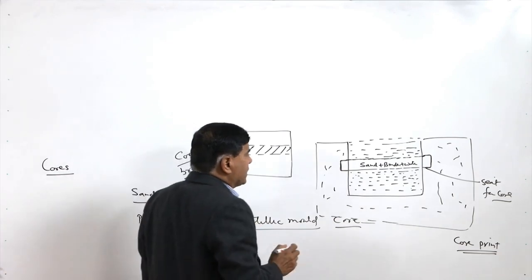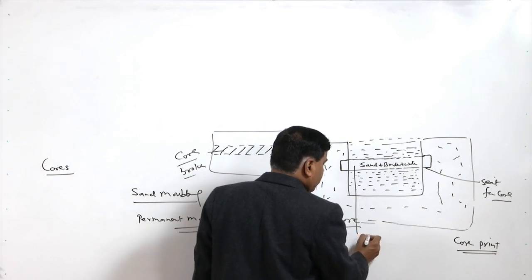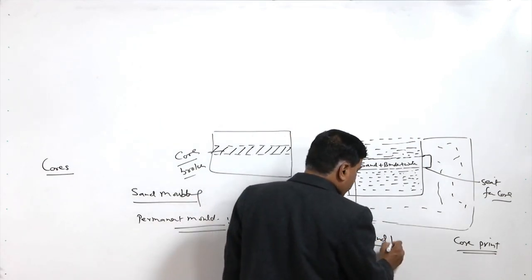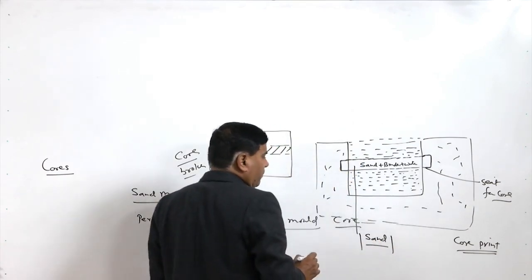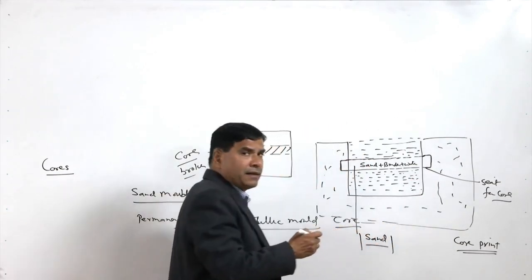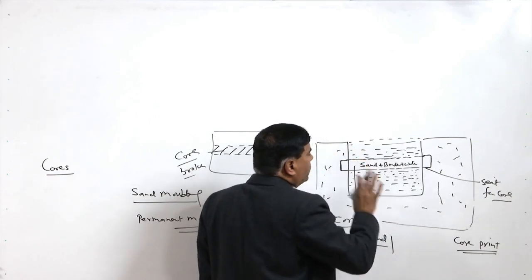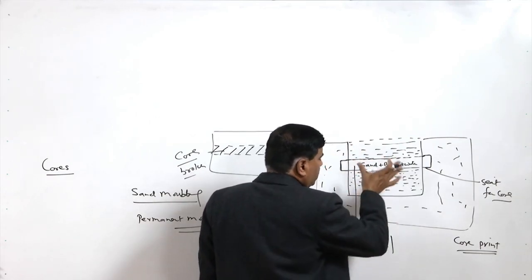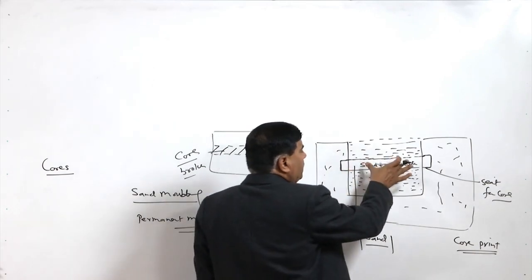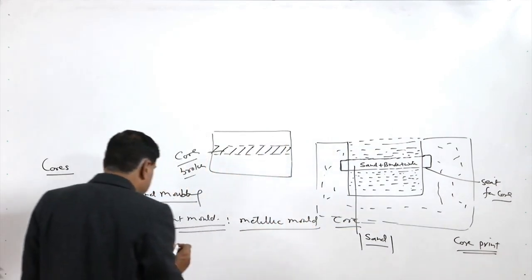If we see this, normally the core is made of coarse sand and the density of the core sand material is quite low as compared to the casting metals, and that is why forces act onto the core due to the density difference as per the volume of the metal displaced by the core. So, two types of forces are there.